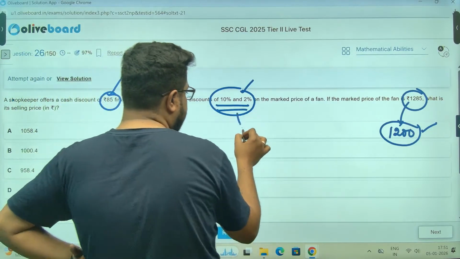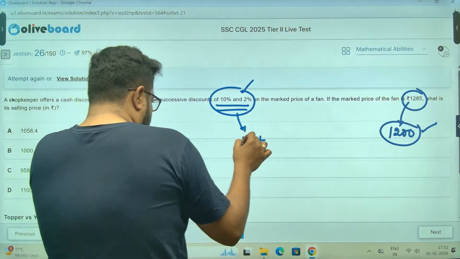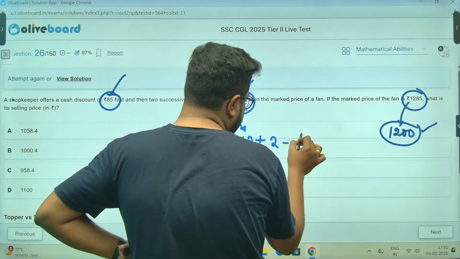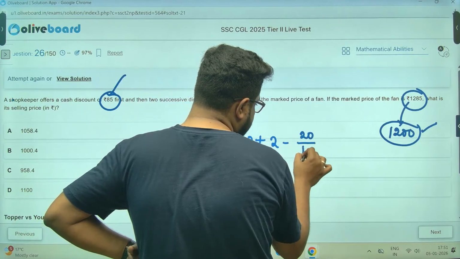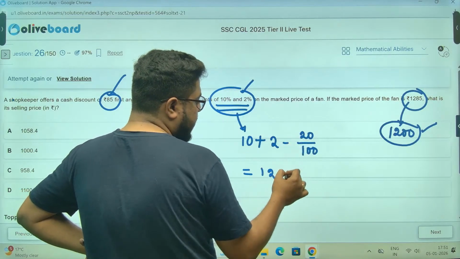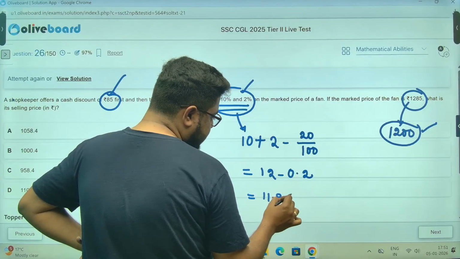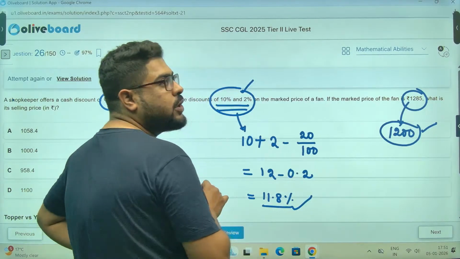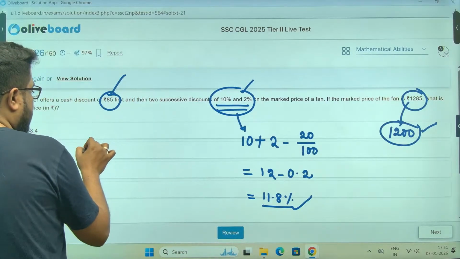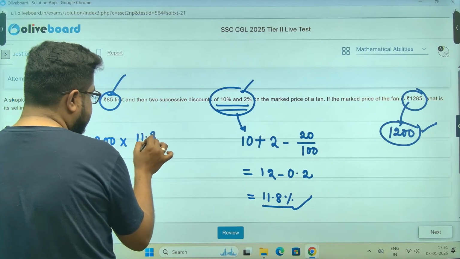What is the net discount? 10 plus 2 minus 20 by 100 actually. So this is 12 minus 0.2, so 11.8%. This is the effective discount you will get. So on 1200 rupees, you will get 11.8% discount.